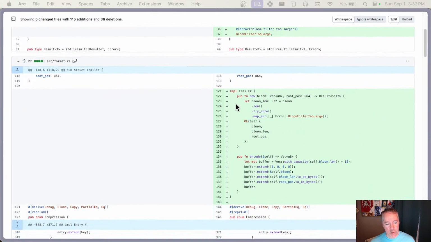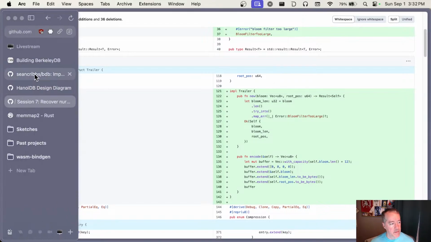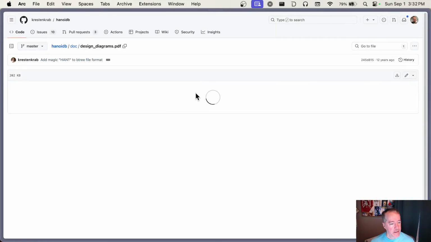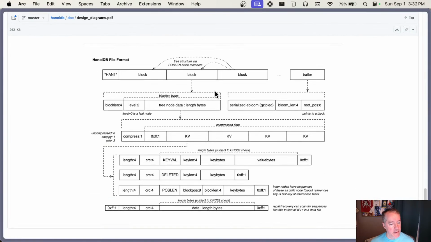We implemented the trailer of a HanoiDB data file. You may remember, hopefully, that what the file looks like is there's this trailer block, and this is so that you don't have to know everything. You don't have to put the metadata at the front of the file. You can just write the data, and the trailer contains the metadata about that file.